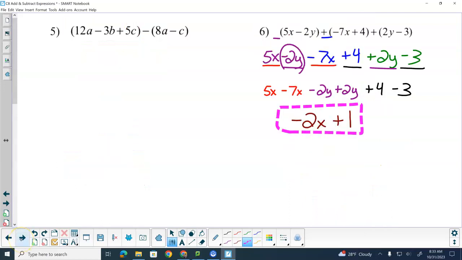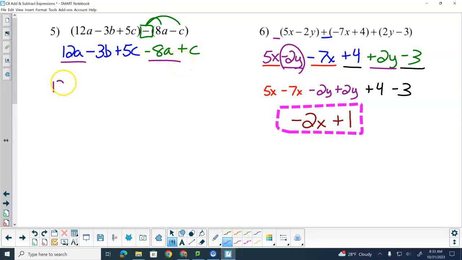All right. And then we got number 5. Nothing to change in the first set of parentheses because there's nothing out in front. And then if we multiply through by a negative, we would get negative 8a plus c. Now with my a's, I got a 12a and a negative 8a. That combines to be 4a.